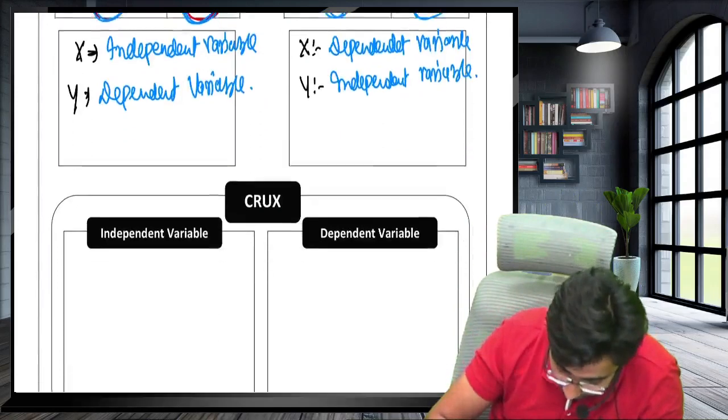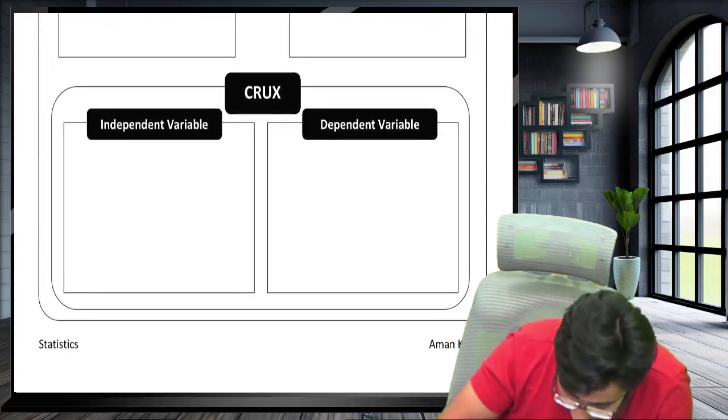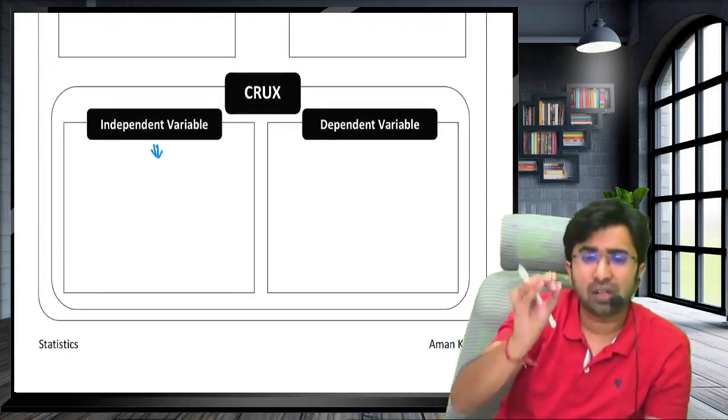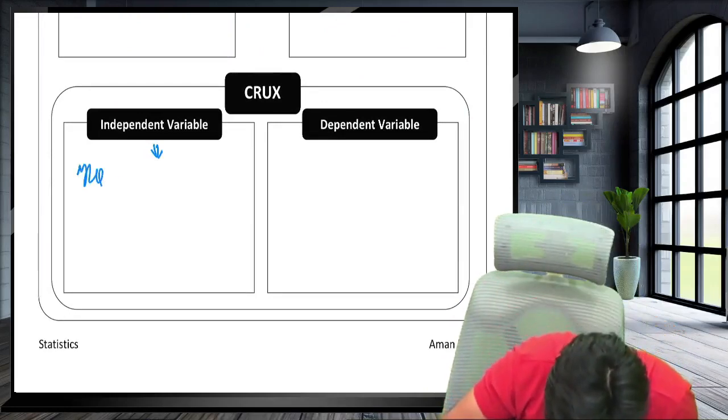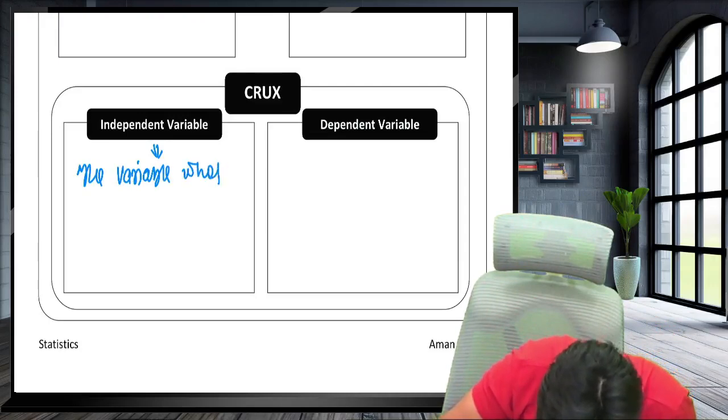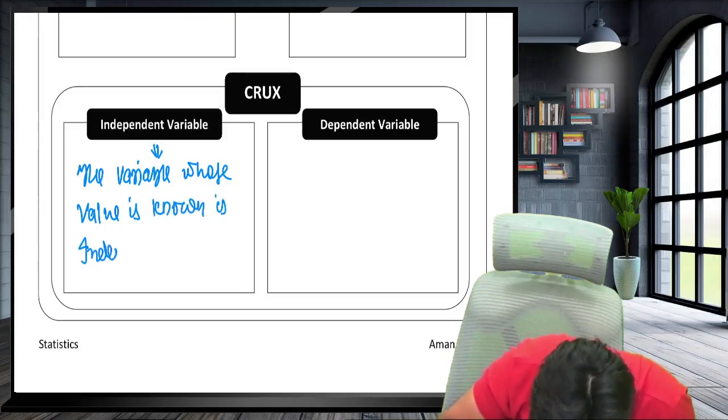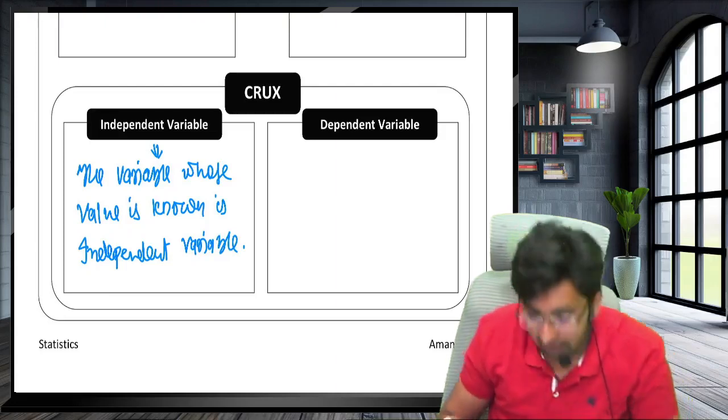Guys, now let's make a writing part. Sir, can you tell me what is the crux? What can we draw as the crux? Yes, independent means the variable whose value is known is the independent variable. And what is dependent?